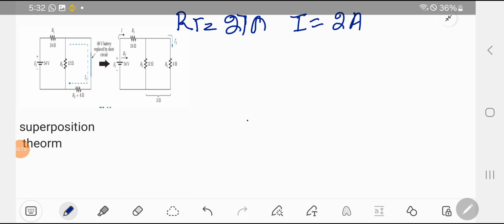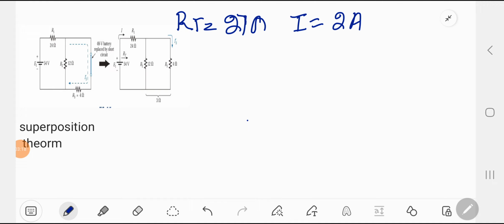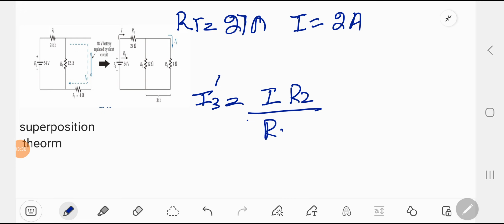Now let's find the current across the R3 resistance. For this we are going to apply a current divider rule. We are applying a current divider rule.